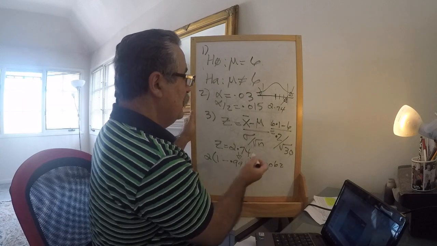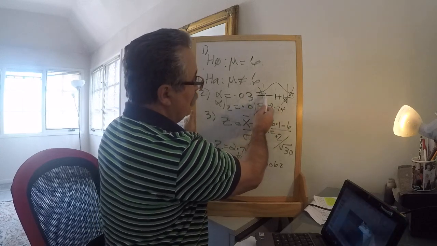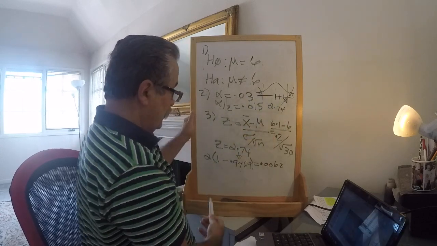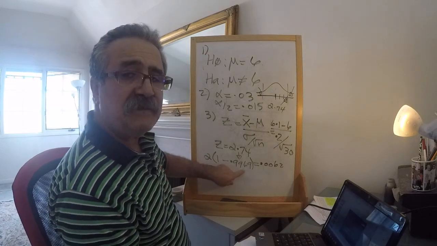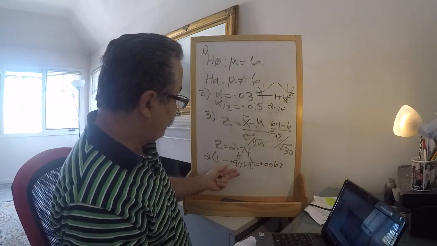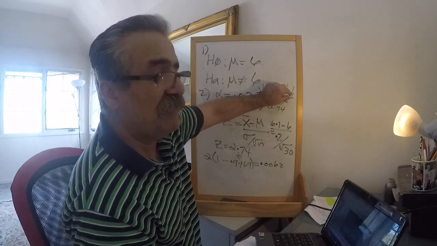For 2.74, from here all the way to here, the area is 0.9969. If we take that away from 1, that's going to give us the p-value.